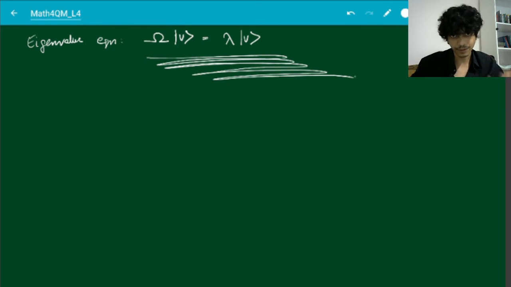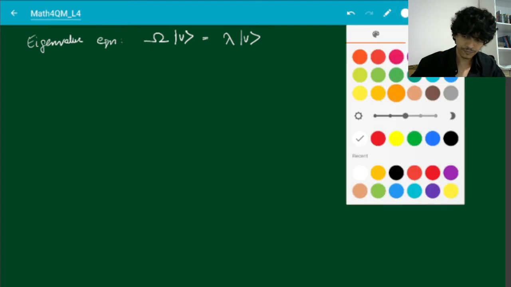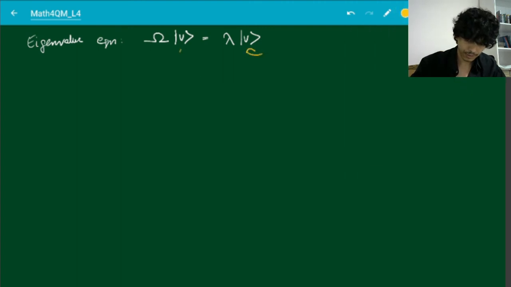This is the definition of the problem that you are trying to solve. You operate this operator on a vector, you get back the same vector multiplied by a constant. So the v's over here are the eigenvectors which we want to find, and the lambda is the eigenvalue that also we want to find.